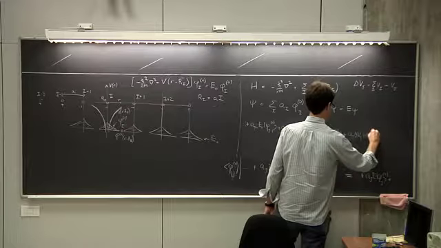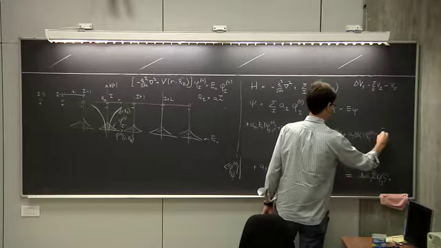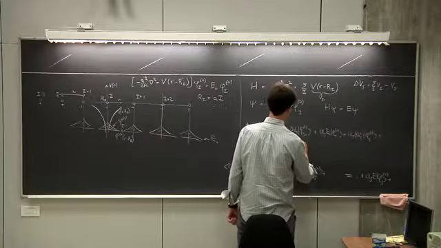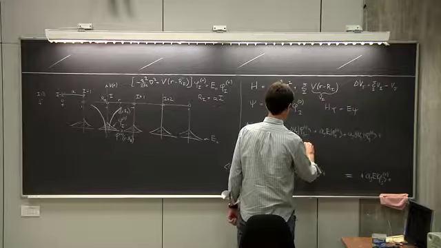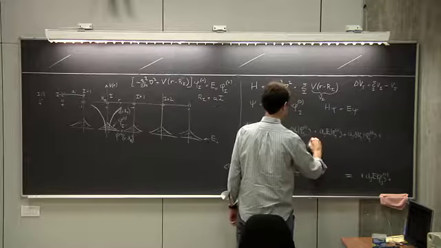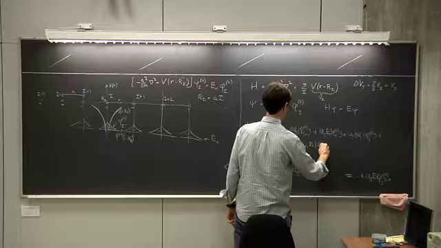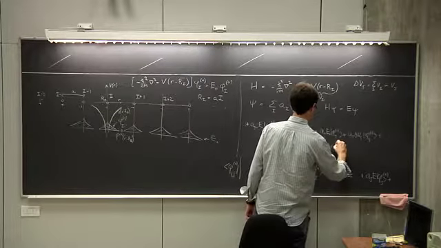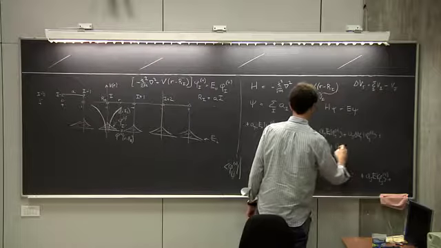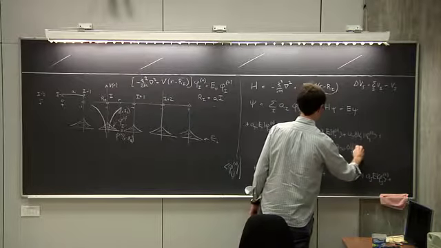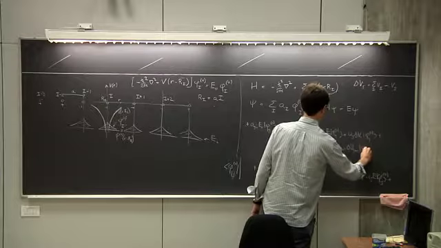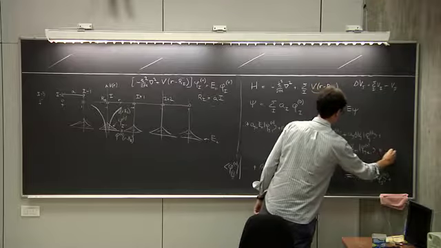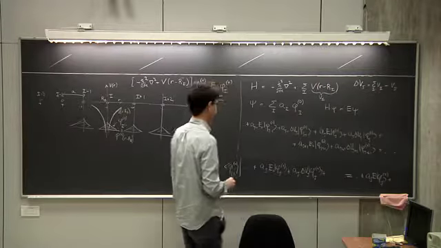Phi j naught plus, there will be a term a j plus 1 E naught phi j plus 1 plus E j plus 1 delta v j plus 1 phi j plus 1 plus all the other terms.